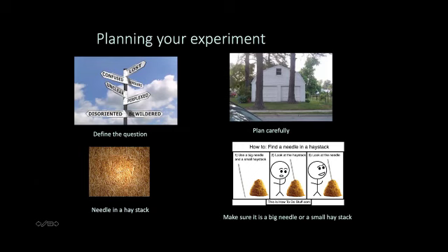You want to plan carefully too. You want to make sure that you've got controls so that you can compare and contrast. The other common mistake people make is thinking that they're going to be able to look at the sample directly and understand what's going on. That, again, is just not the case because of biodiversity from cell to cell. Things can be very misleading.